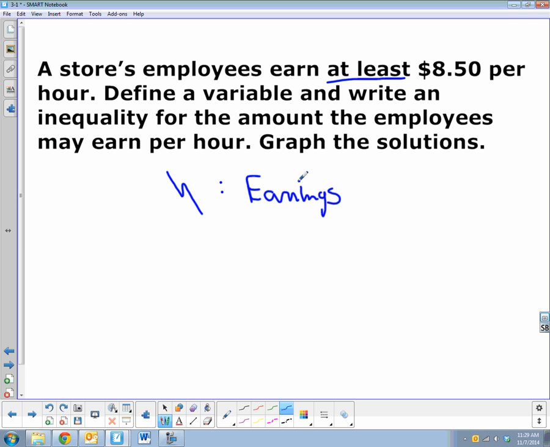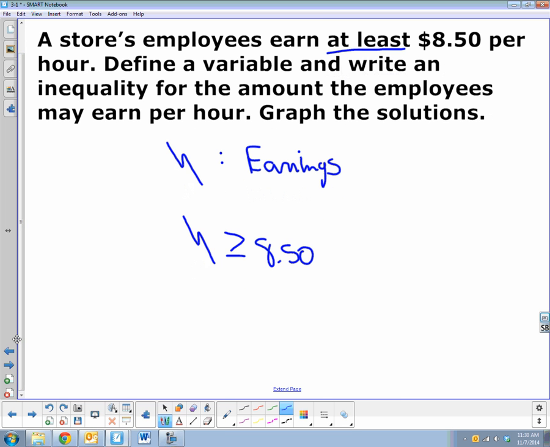So their earnings is at least $8.50 per hour. If they made $9 an hour, they'd probably be happy. If they made $20 an hour, they'd be happy. If they made $5 an hour, not so happy. So lightning bolt is greater than or equal to $8.50, because they could earn exactly $8.50 and be okay. More than $8.50 is even better. But less than $8.50 is not acceptable.